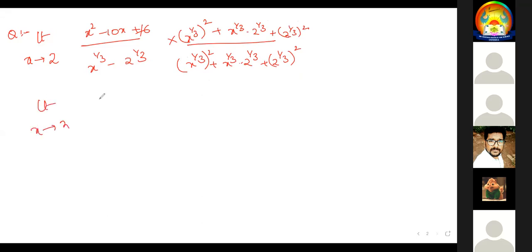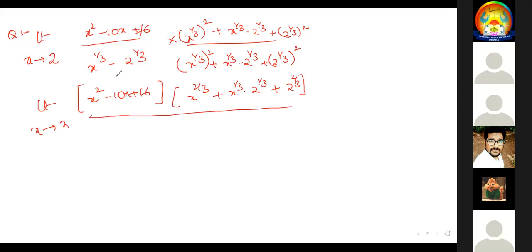That is limit x tends to 2, x square minus 10x plus 16 into this entire thing: x power 2 by 3, x power 1 by 3 into 2 power 1 by 3, 2 power 2 by 3.